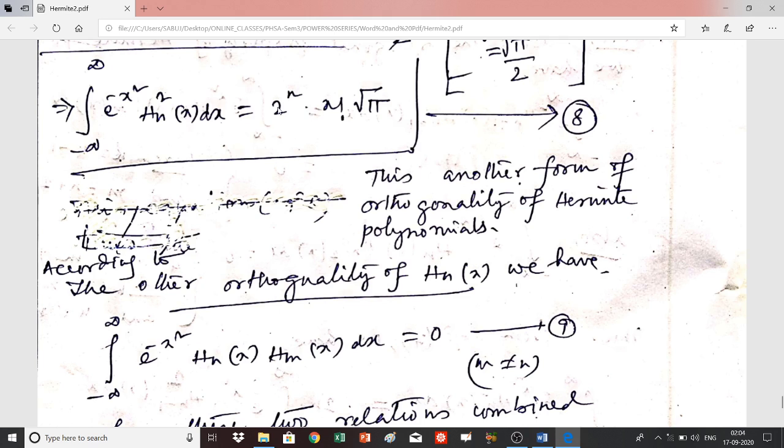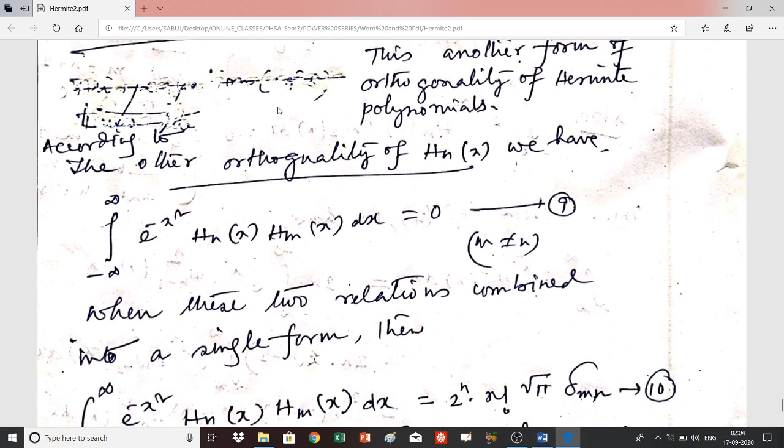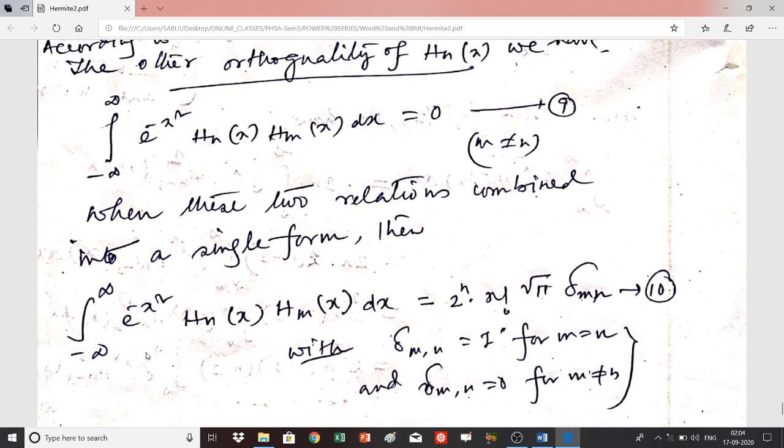If you combine these two relations in one form, this will give you the integral from minus infinity to plus infinity e to the minus x square hm x hn x dx equal to 2 to the power n factorial root pi delta mn, where delta mn is equal to 1 for m equal to n, and delta mn is equal to 0 for m not equal to n. This equation gives you both of the orthogonality relations.